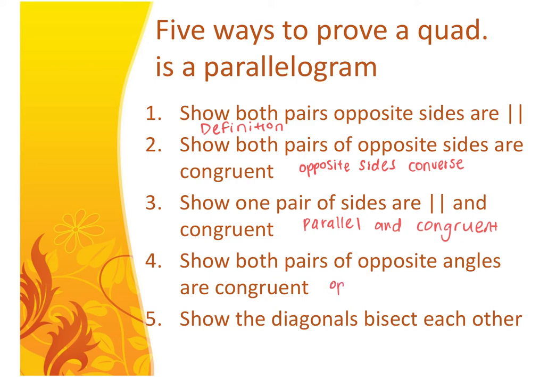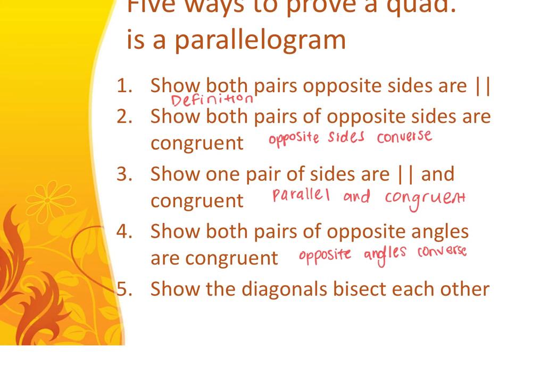That's opposite angles converse. And then number 5, it shows the diagonals bisect each other. That is the diagonals converse. Okay?